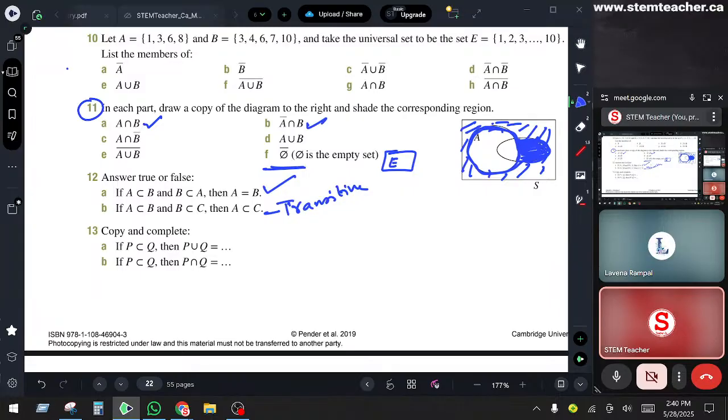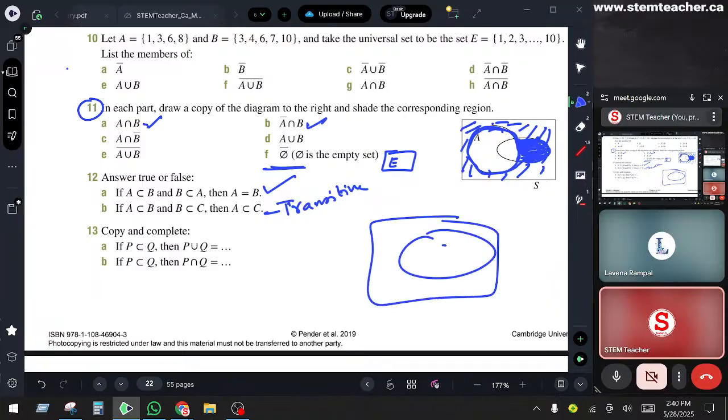P is contained in Q. What about P union Q? This is P, contained in Q. What is P union Q? It means this P portion as well as this entire portion.